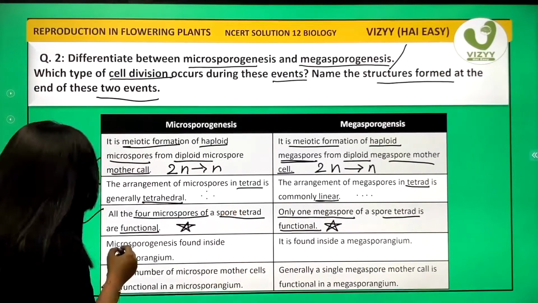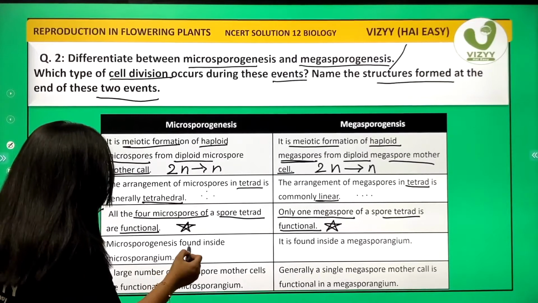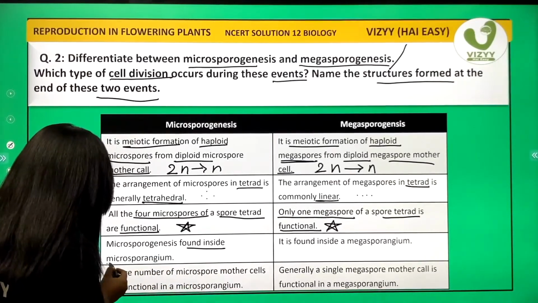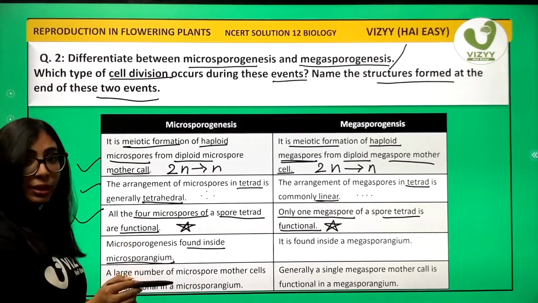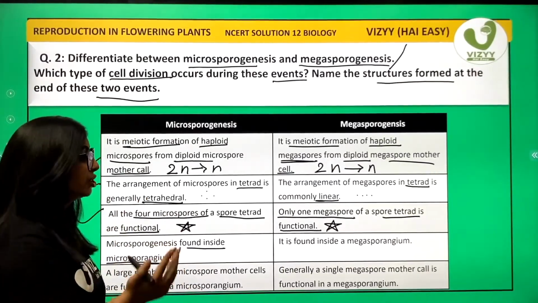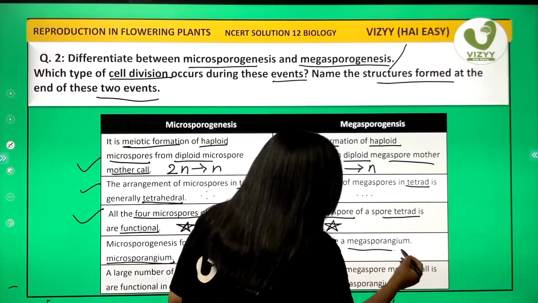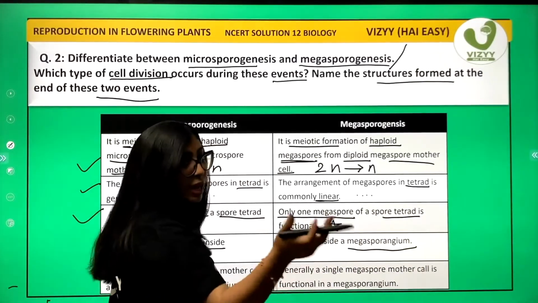Now, lastly, microsporogenesis is found inside a microsporangium. Students, where is it found? It is found in microsporangium, whereas megasporogenesis is found in megasporangium.